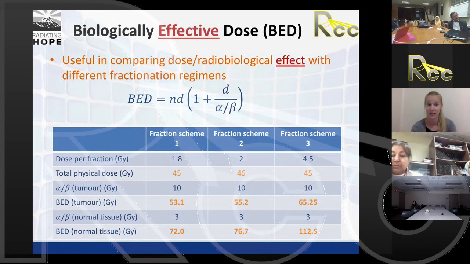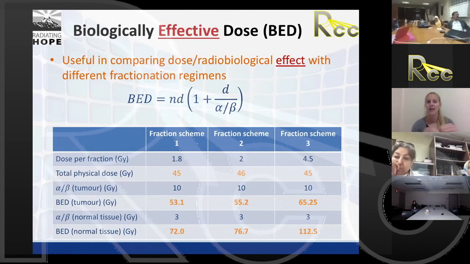If we look at our normal tissue, you can see that the differences are even bigger. The biological effect for a 1.8 gray fraction is 72 gray total. For a 4.5 gray fraction, it's 112. So it's significantly different.